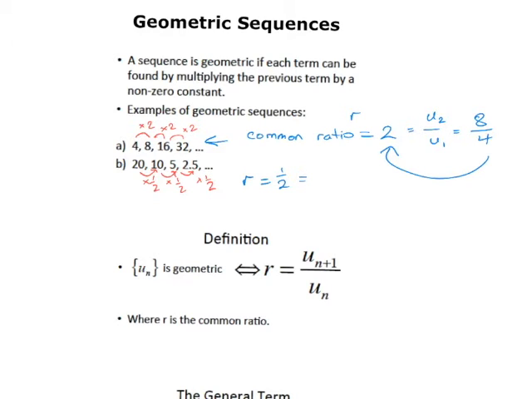U2 divided by U1. So in this case 10 over 20, which is a half. Or 5 over 10, which is a half. Or 2.5 over 5, which is a half. Is everyone okay?